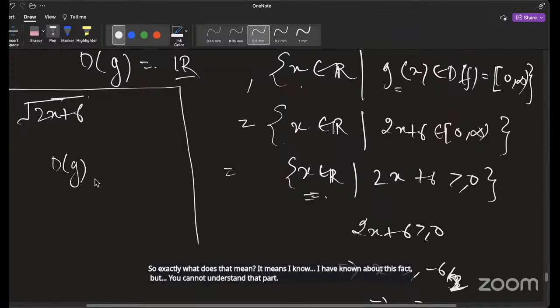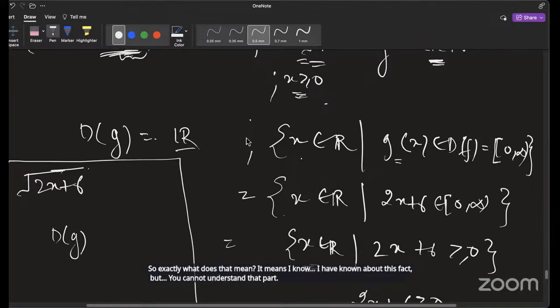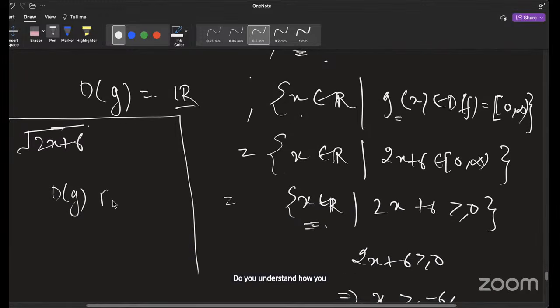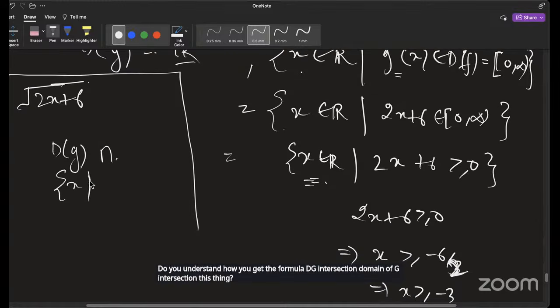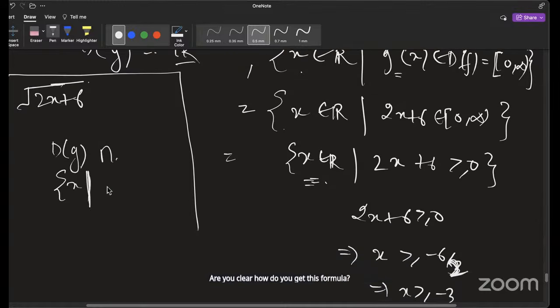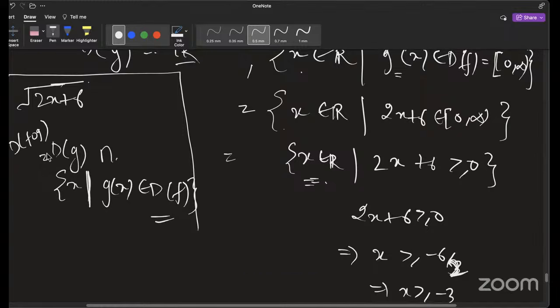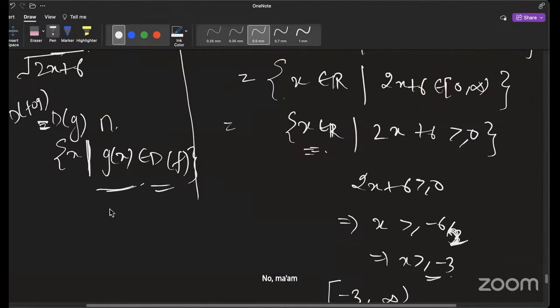Sure. Do you understand how you get the formula, domain of g intersection this thing? Are you clear how you get this formula? No, ma'am.